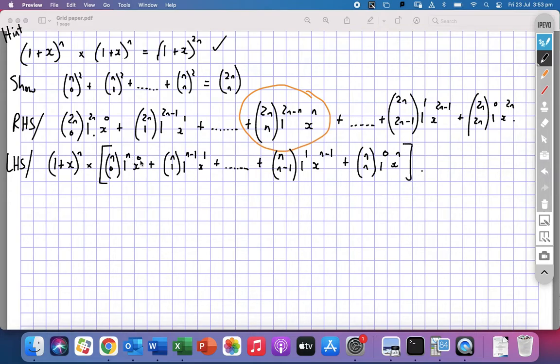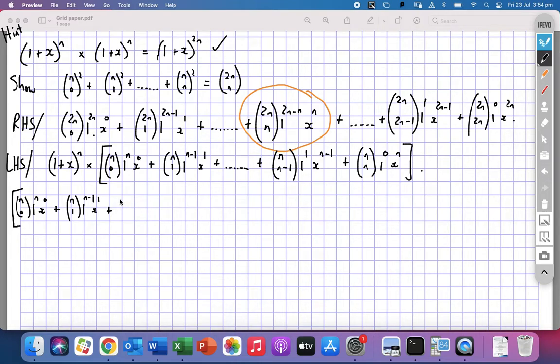But all of this has to be times by itself, right? So I've just expanded one of these (1 plus x) to the n's. Really what we've got is two of them. We've got n choose 0, 1 to the n, x to the 0, plus n choose 1, 1 to the n minus 1, x to the 1.